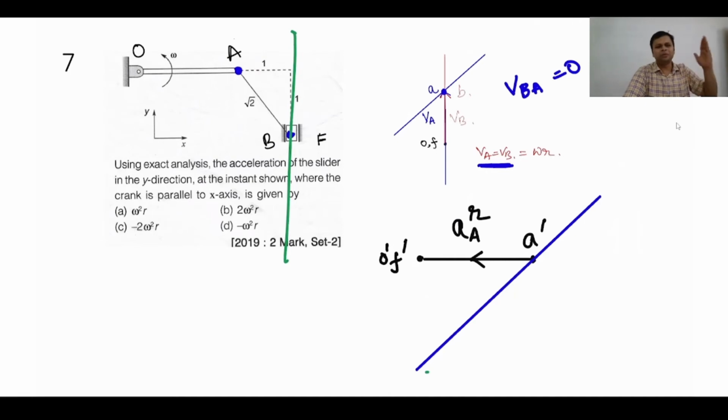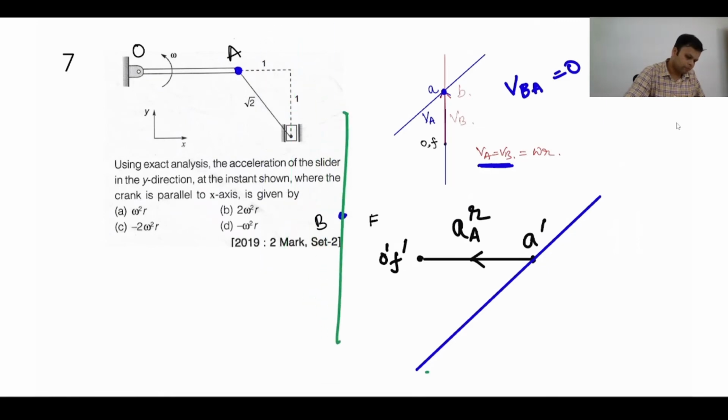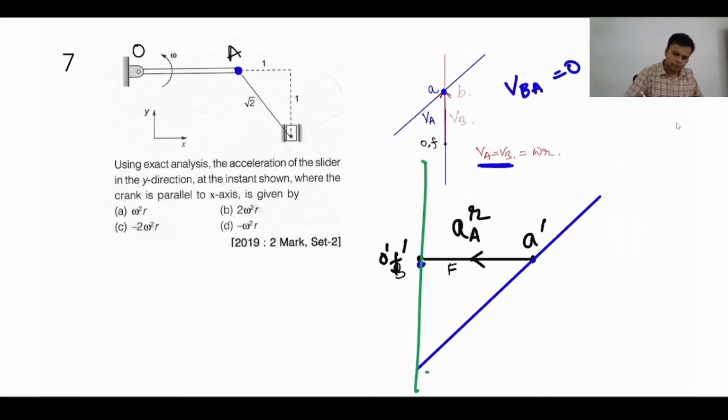Because the slider can move only in this direction with respect to the fixed link, right? So this is nothing else but point B.